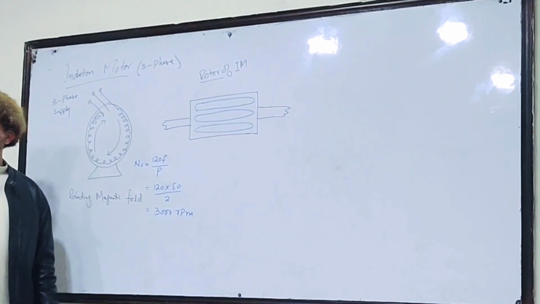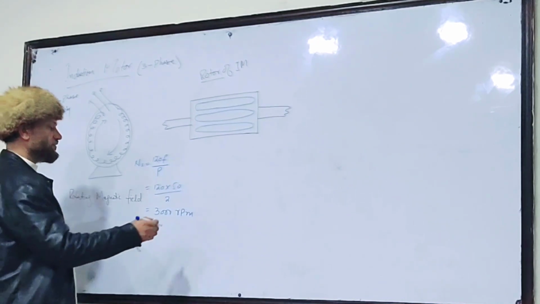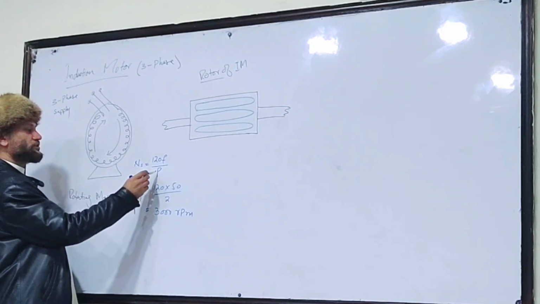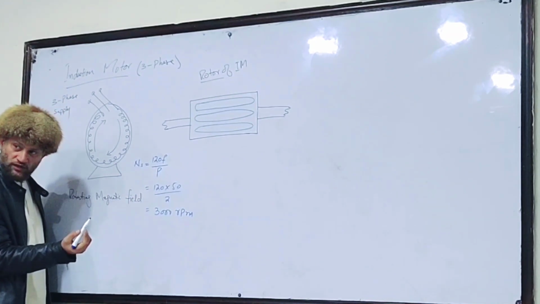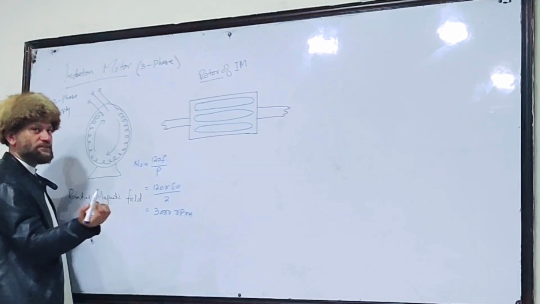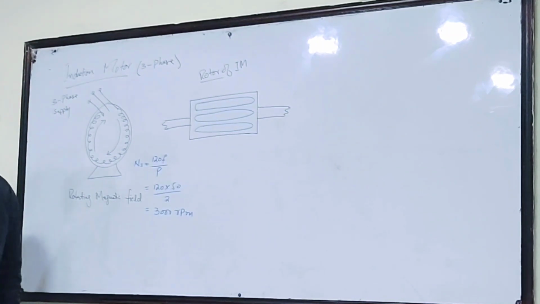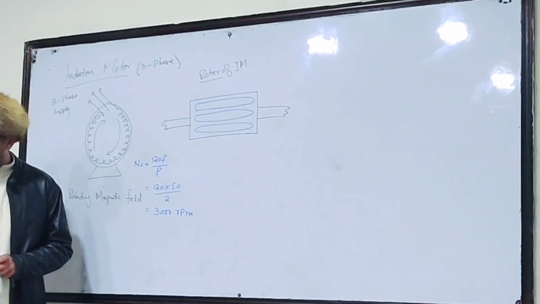Understand? And look over here, when you put 4 poles, it will be half, that will be 1,500 revolutions. Understand my point?